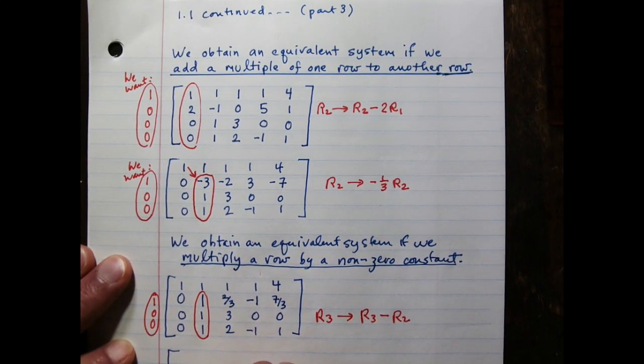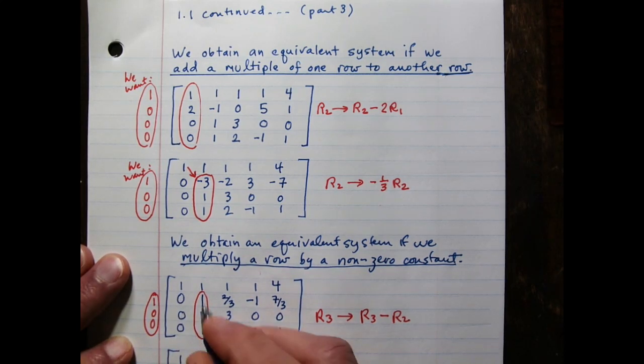Let's see what the result is. 1, 1, 1, 1, 4, 0, 1, 2/3, negative 1, 7/3. And now I'm changing things. Now row 3 minus row 2, 0 minus 0 is 0. 1 minus 1 is 0. That's what I wanted.